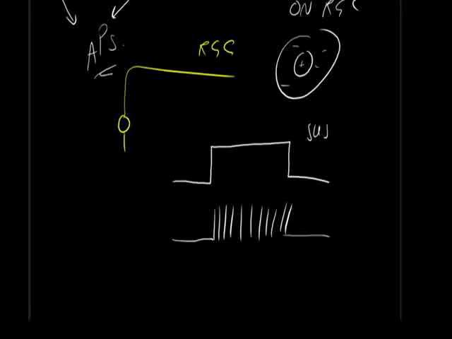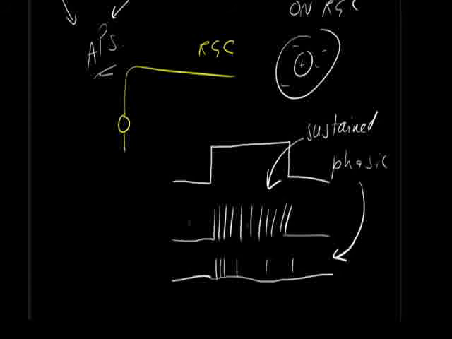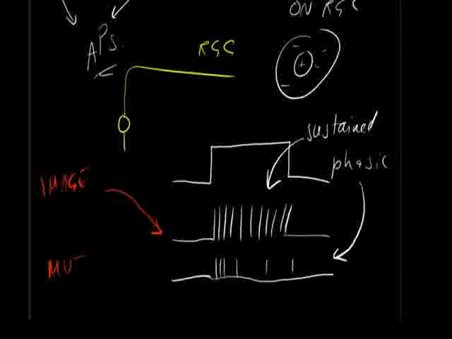That's a sustained response. But other cells will fire vigorously, but then stop firing during the response. These are phasic. So we've got sustained responses and phasic responses. In terms of getting a good quality image, you want a sustained response. If you want to detect movement, you want a phasic response.